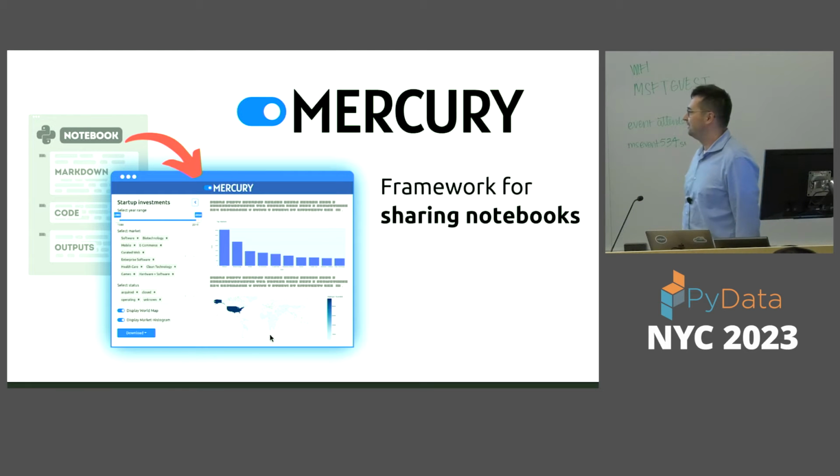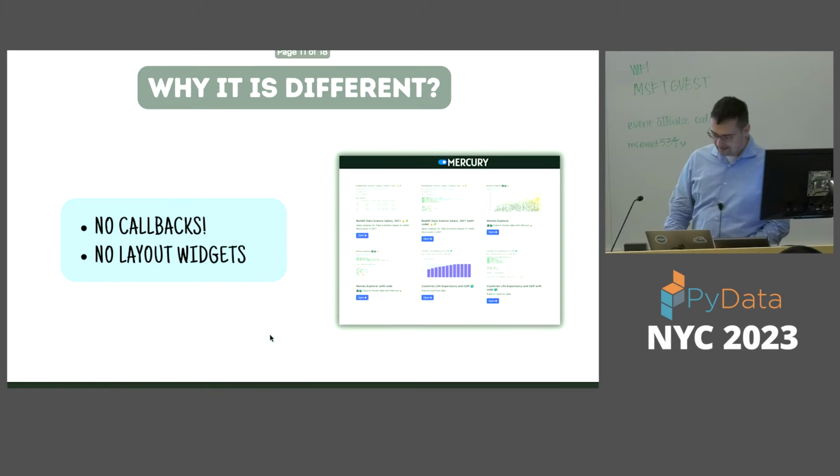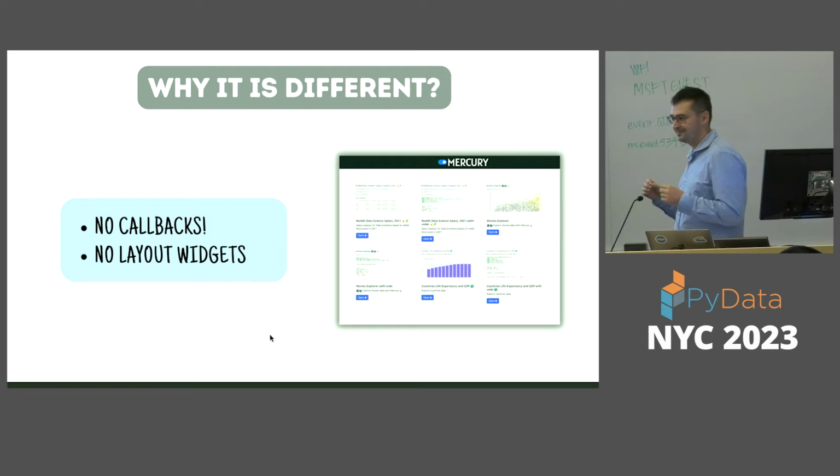I would like to show you the way without rewriting. I will show you a few tricks that you can use to convert your notebook into a web app and share with others. I think two main features that make Mercury different is that it is a user interface framework, and we don't have any callbacks, and we don't have any layout widgets.